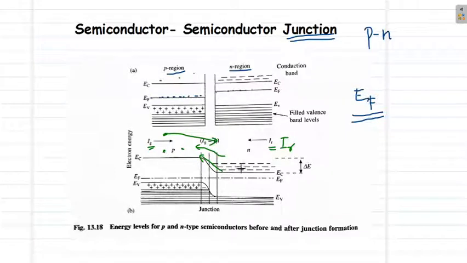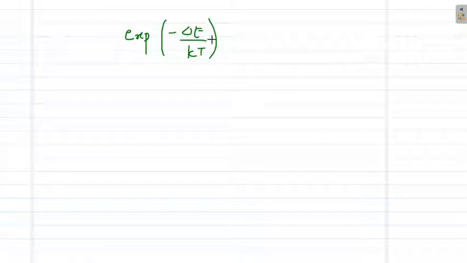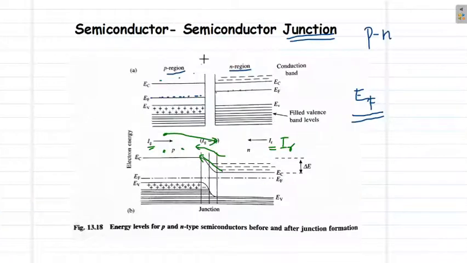Not all electrons are able to overcome that energy, and only a fraction of electrons, within a range of exponential minus delta E by kT, will be able to move across the junction, where delta E is the barrier.